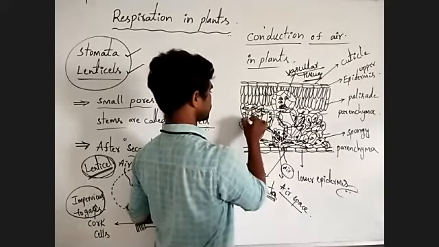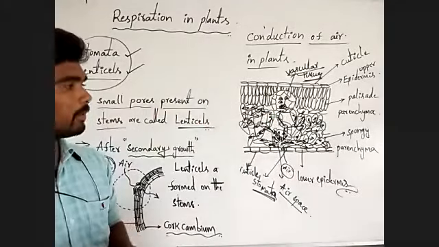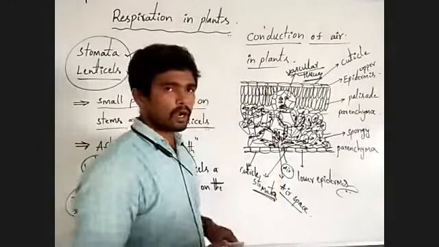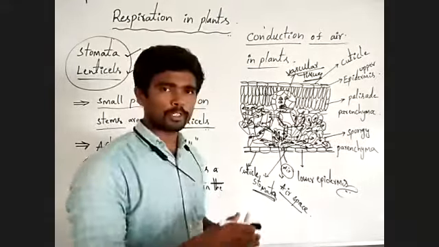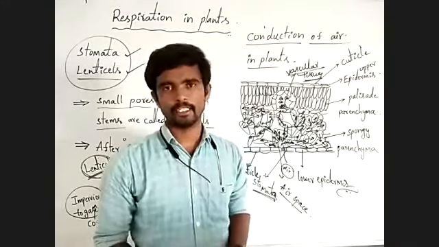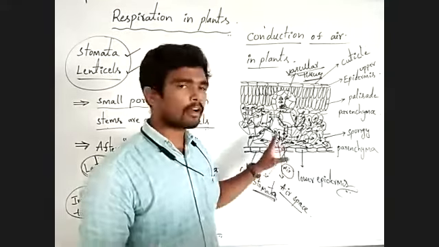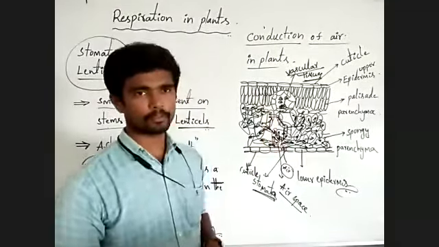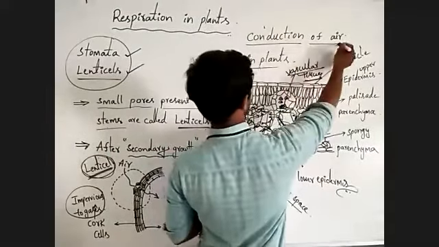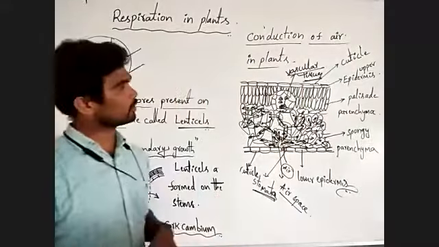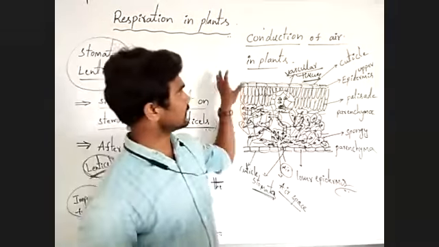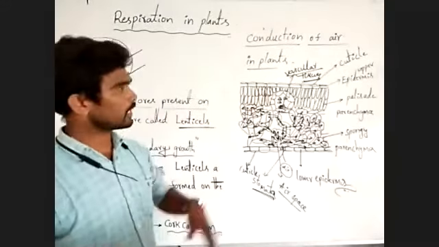What will happen? From one cell to another cell, oxygen is transported to each and every cell of the leaf. Okay, in this way, air is conducted, or transported, in plants, or in leaves.